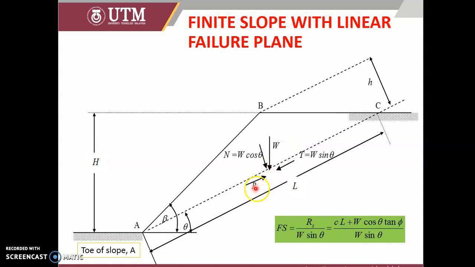T is also the induced force, which comes from the weight. This is a finite slope because the failure line stops at the toe of the slope at point A.